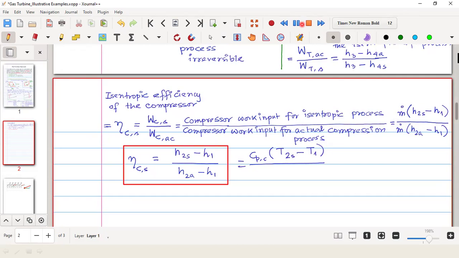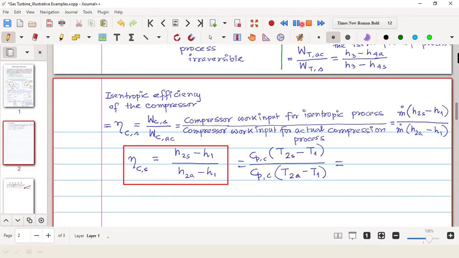Now, therefore, it will be Cp times T2A minus T1.